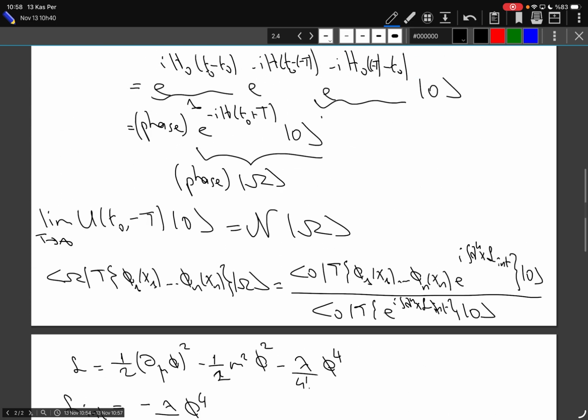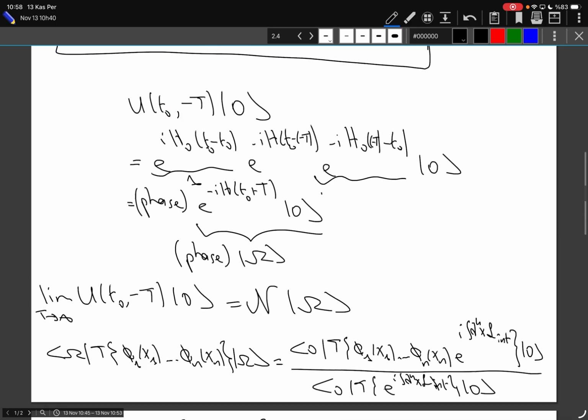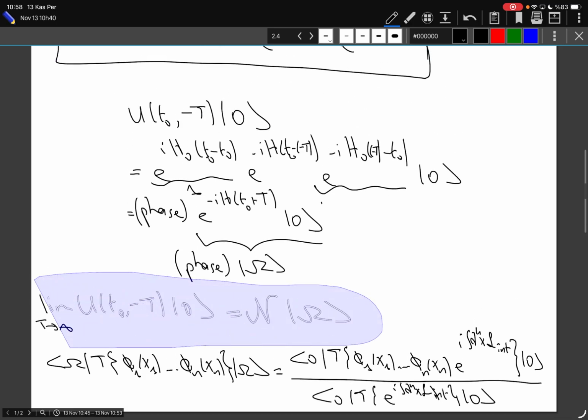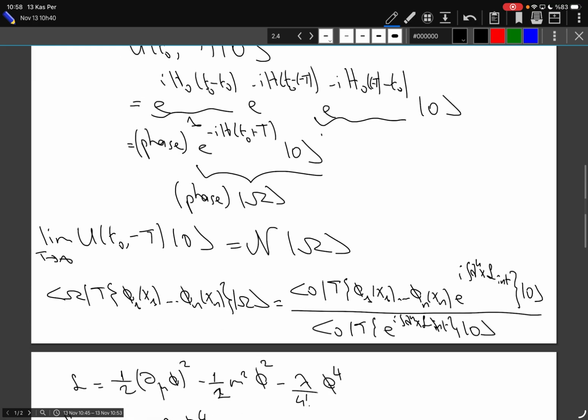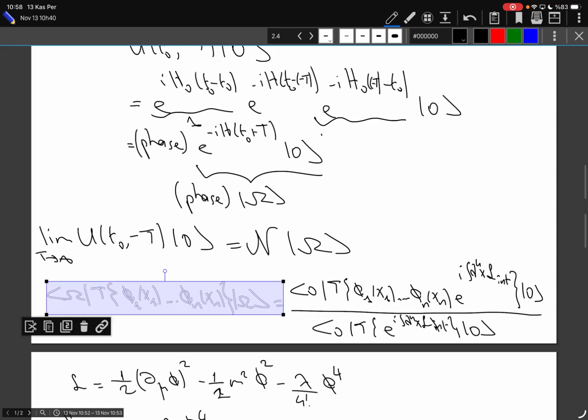You see, here what is actually happening is when I take these limits, there are these factors n, which I don't know. As I evolve the ground state adiabatically, it acquires some phase. That phase, I don't know what it is. But I know one thing. I know that this matrix element should be 1 when I don't have any phi fields inside the time-ordered product.